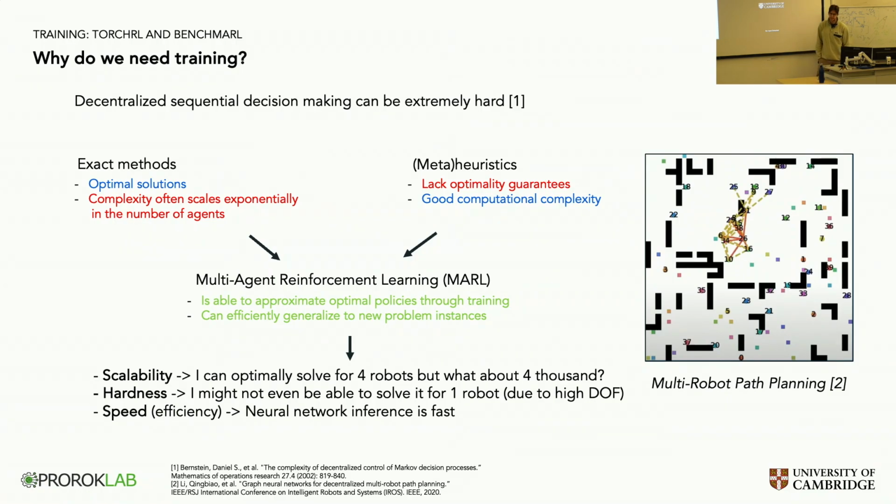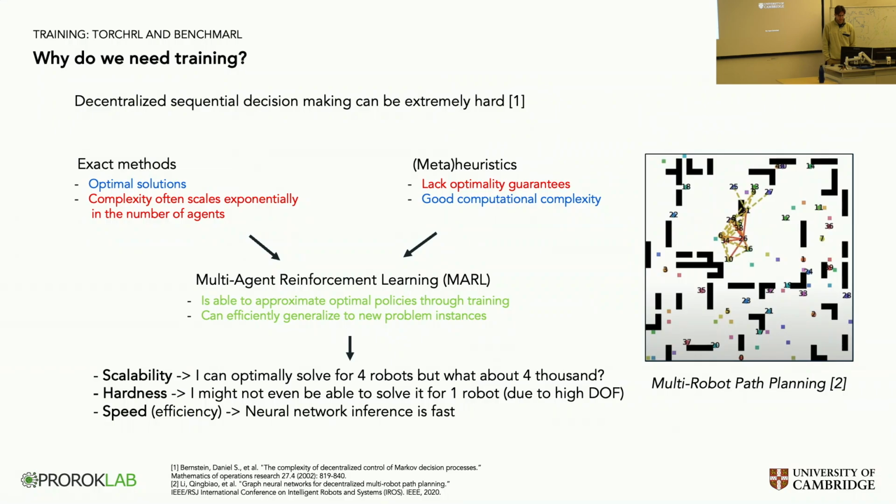Scalability: maybe I can solve this optimally for 4 robots, like some of the VMAS scenarios, but can I solve it for 4,000? I might not even be able to solve it for 1 robot if it's a very complex arm or robotic hand with a lot of degrees of freedom.